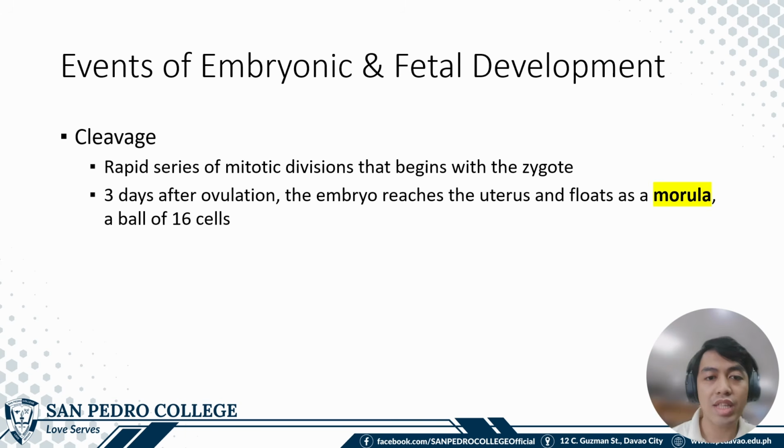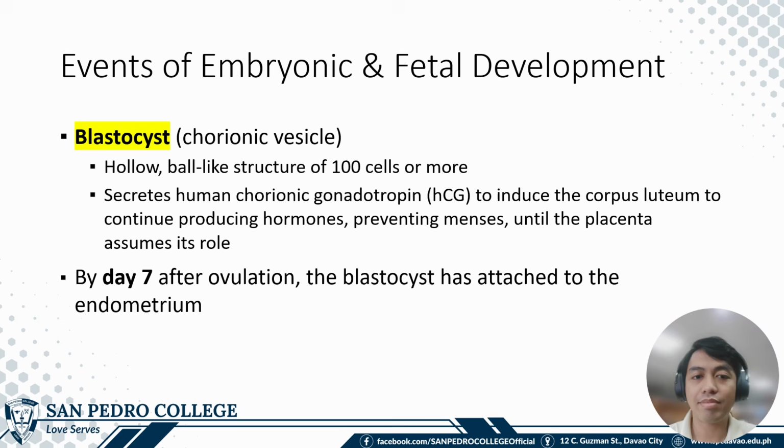The cells will then divide to become a 16-cell ball called the morula. The morula will then become the blastocyst after having 100 cells or more. And by the seventh day from ovulation, or 21 days from the first day of menses, the blastocyst will be implanted to the endometrium.